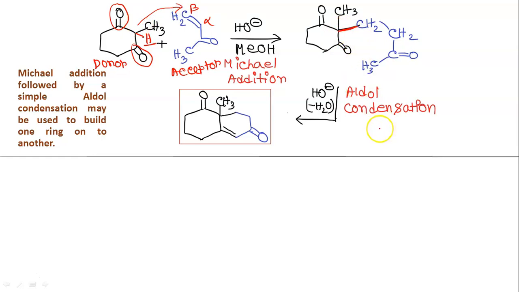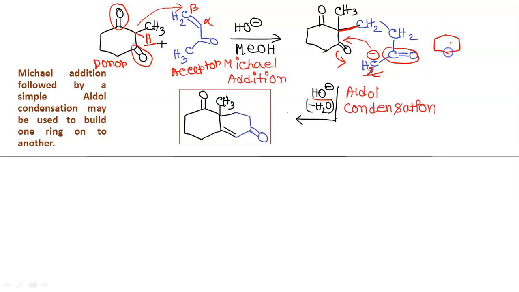Here the full mechanism is not shown, but you can follow the same mechanism as in the general mechanism. And then there will be aldol condensation because there is base in the medium. This CH3 also contains three acidic hydrogens because of the presence of this carbonyl group, and there will be carbanion generation. I am writing here CH2C minus. This will attack here and there will be O minus.